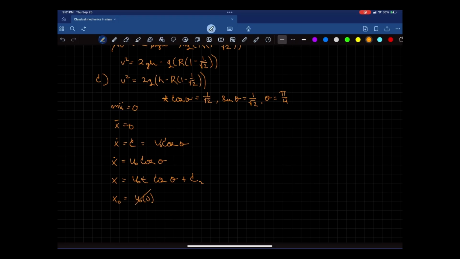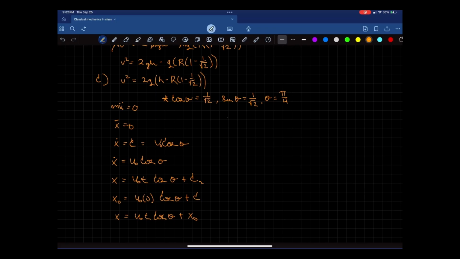So then this cancels out, and x naught is equal to C. Cosine theta also goes away. So our total equation of motion now becomes x equals v naught t cosine theta plus whatever position we were starting at.